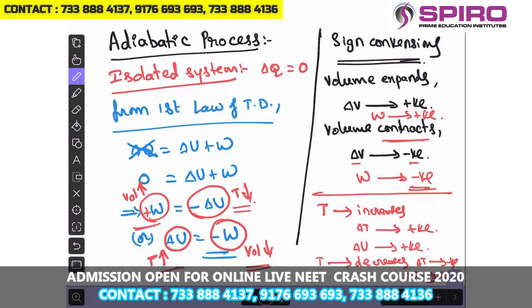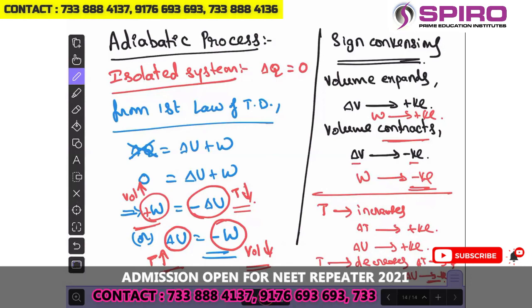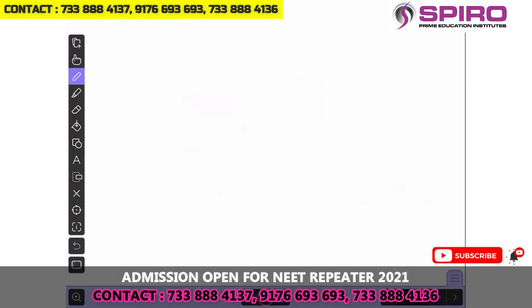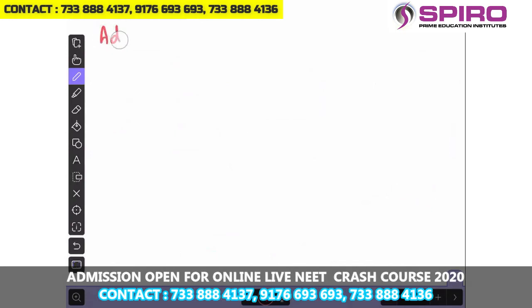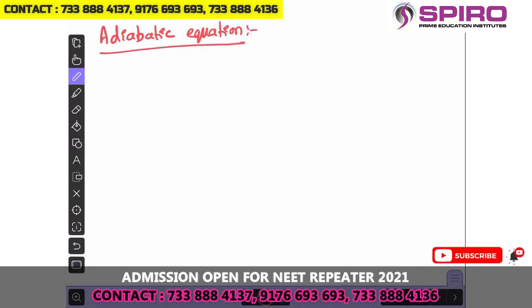Now let us find the adiabatic equations. What are the adiabatic equations? The first equation is the relation between pressure and volume, which I will explain in detail in the next sessions.